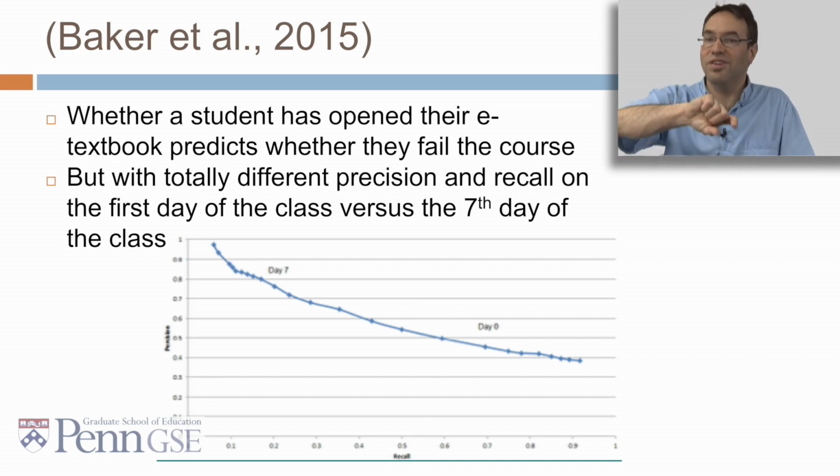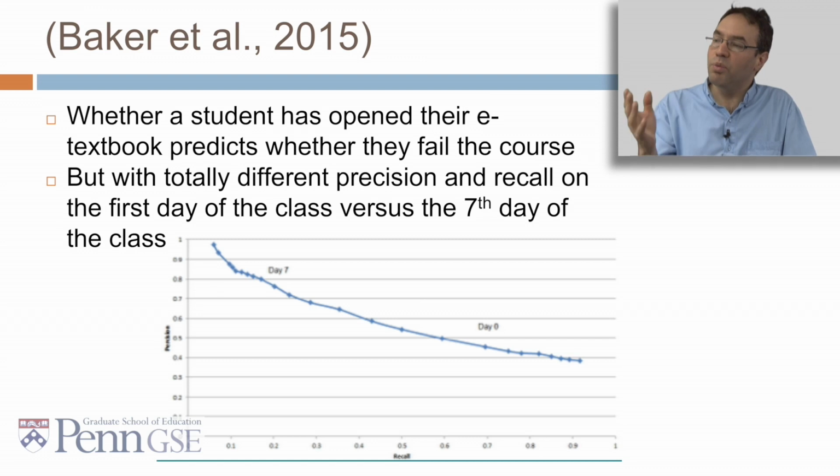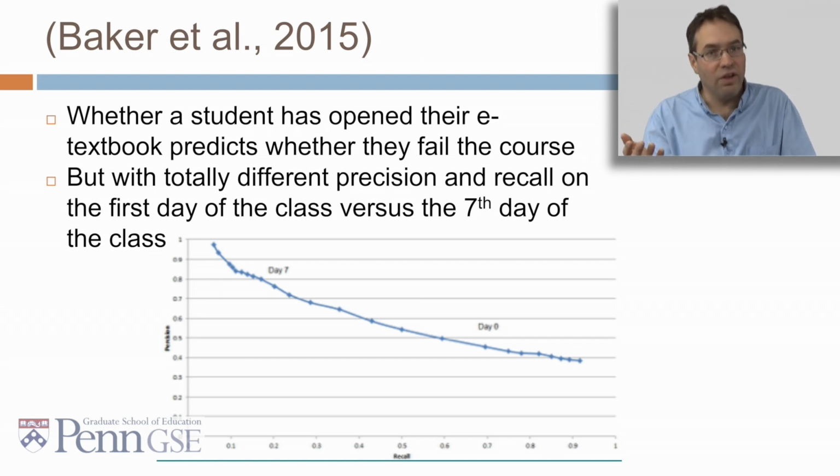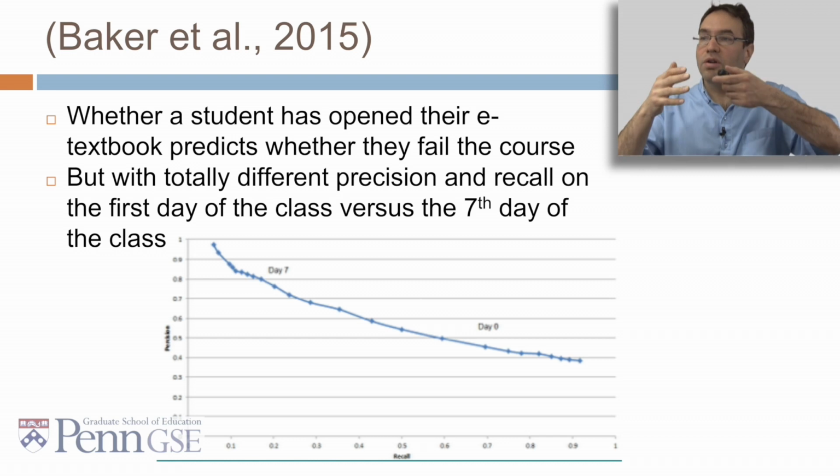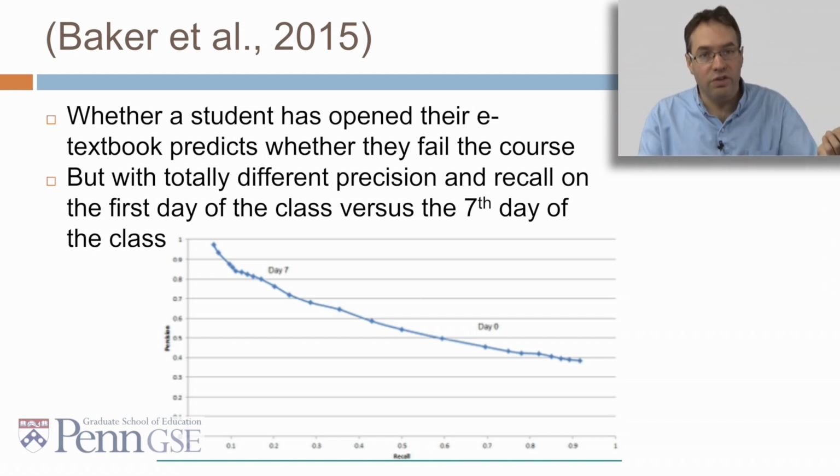Same feature, just 6 days different, but on the first day of class it catches almost everybody who will fail, but it also catches a lot of people who will pass the course. On the 7th day, it no longer captures everybody who's going to fail, but everybody it catches is probably going to fail, just about. So, same feature, just 6 days later, totally different semantics.